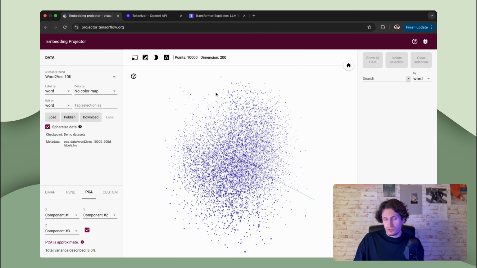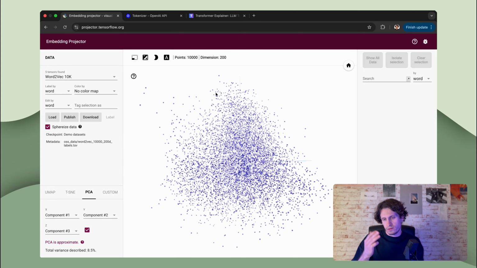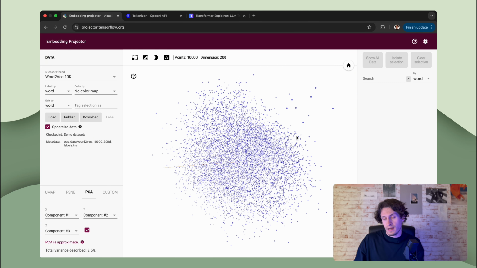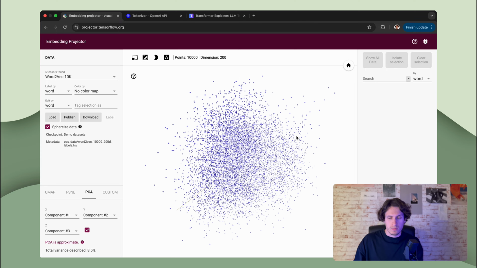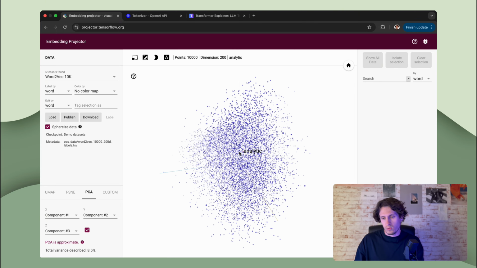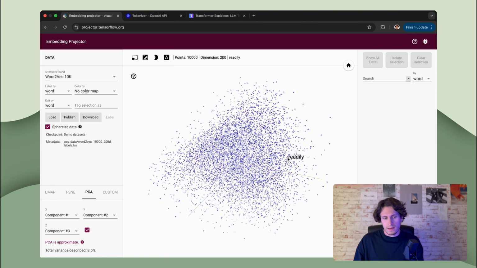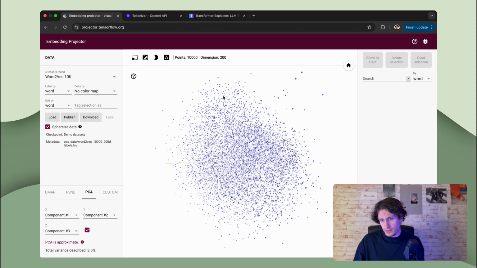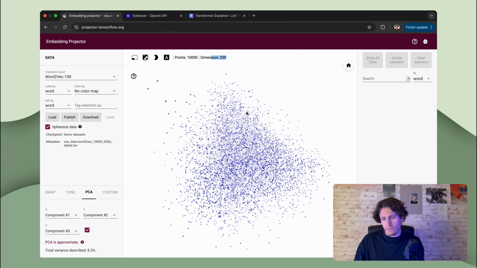So now imagine placing a word "read" somewhere on that coordinate system, and this is a high-dimensional mathematical space where the LLM stores all its tokens, right? So here we can see it has 200 dimensions, and here we have all the vocabulary the LLM knows.